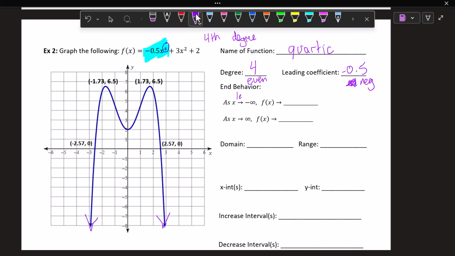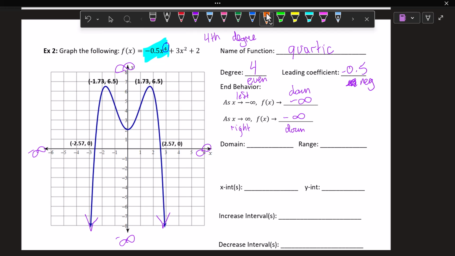So as x goes to -infinity, or the left, f of x goes down to -infinity. As x goes to +infinity, to the right, f of x goes down as well, to -infinity. They're both the same. Whenever it's an even degree, they're both going to be the same.